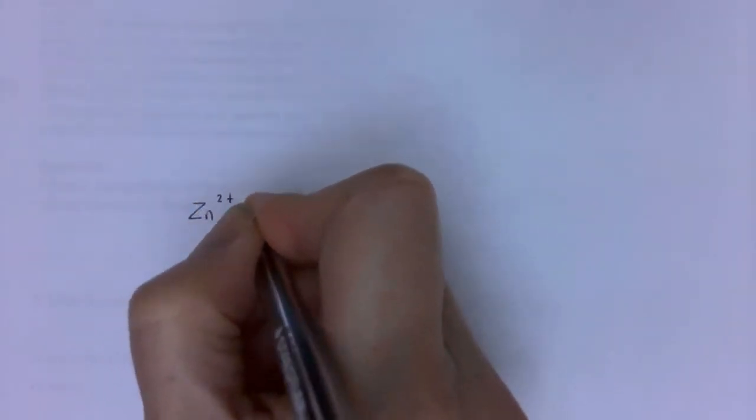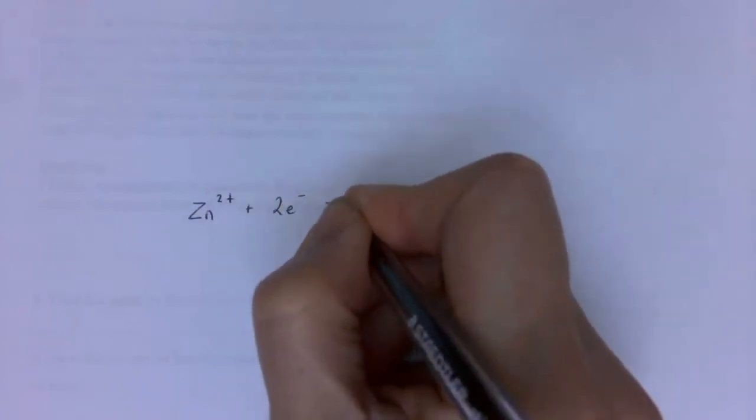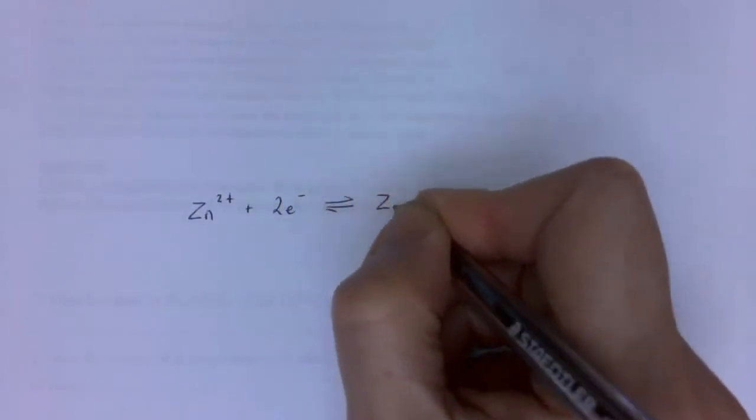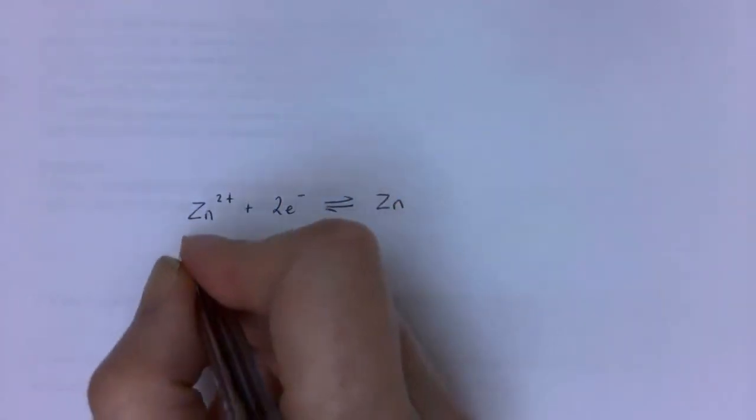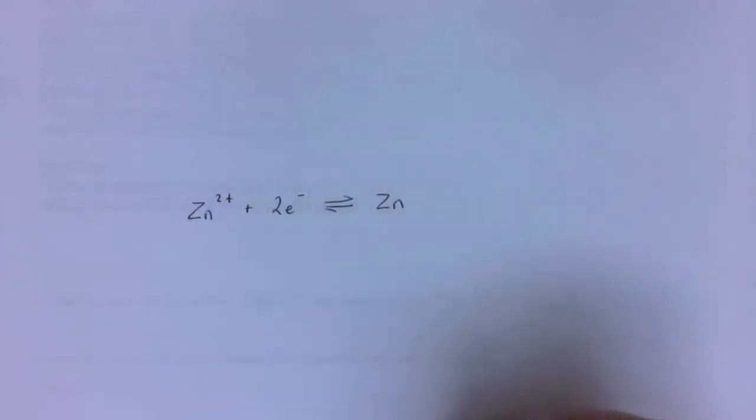So from our data book, there are three equations that we are interested in. We are interested in the zinc equation, 2 electrons going to zinc. Remember, the data book is always written as reduction potentials.